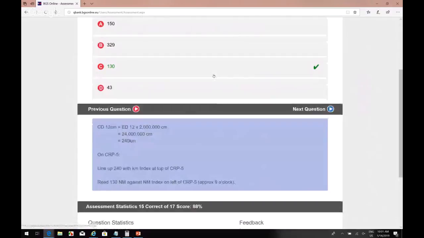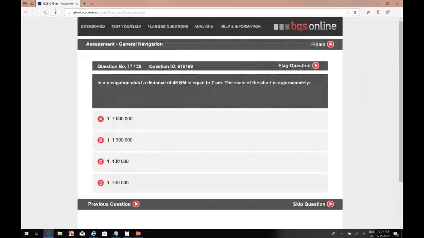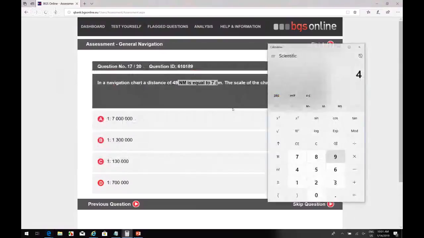Alhamdulillah. In a navigation chart, a distance of 49 nautical miles is equal to 7 centimeters. Scale of the chart is approximately the same thing again. So 49 times 1852 times 100 equals million.